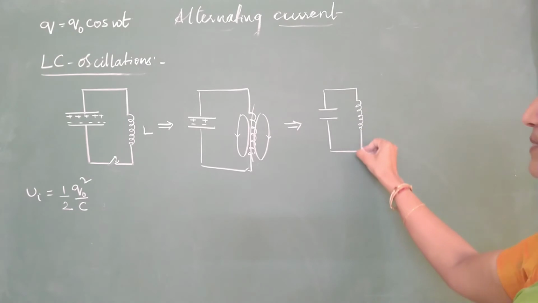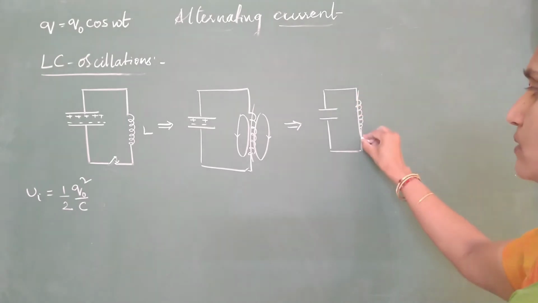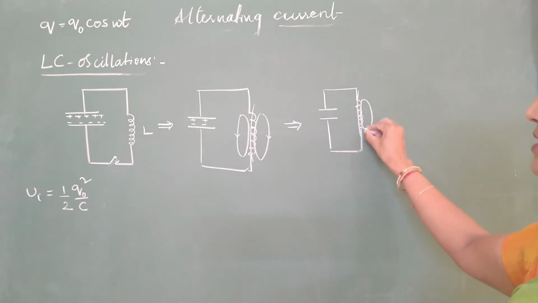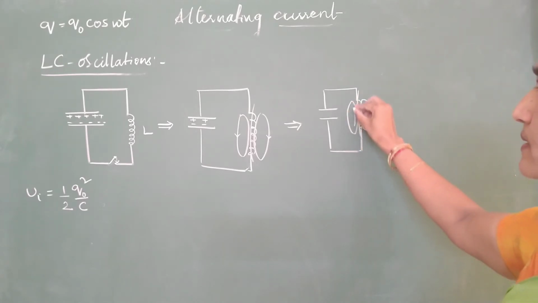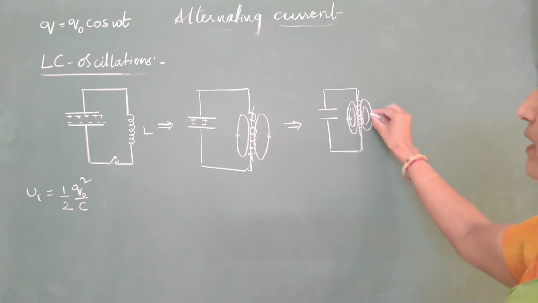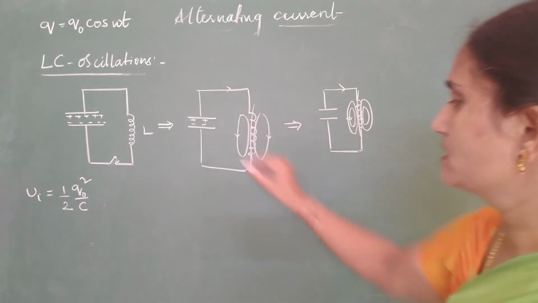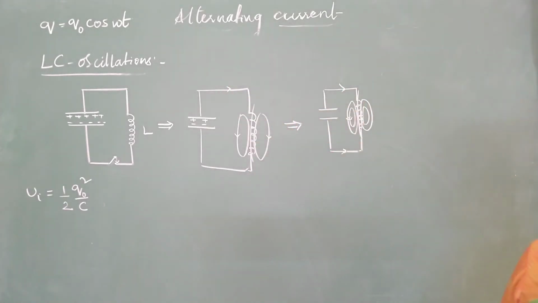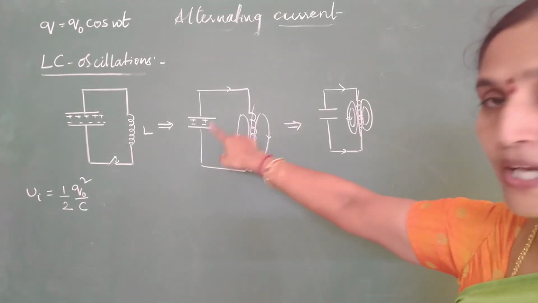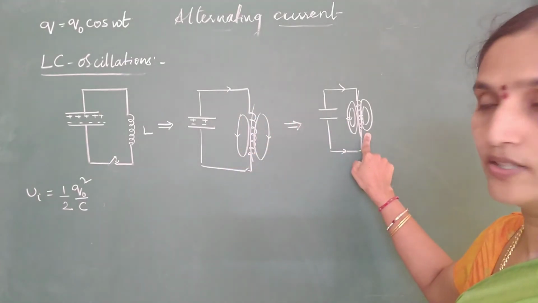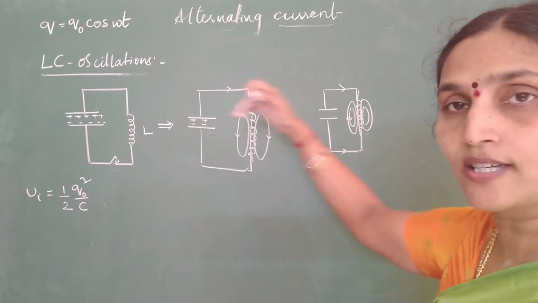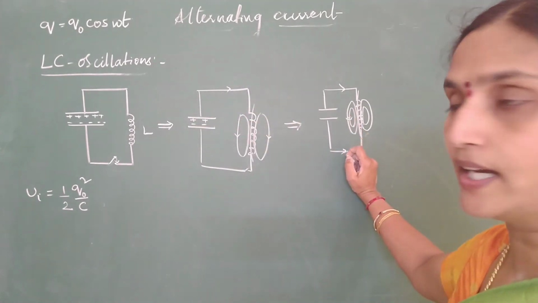We are just trying to explain by using these diagrams how energy is distributed. Give more number of field lines and there is a current in the circuit. So step 3, capacitor is completely discharged, inductor has got the complete energy. So electrical energy is completely transferred to magnetic energy.